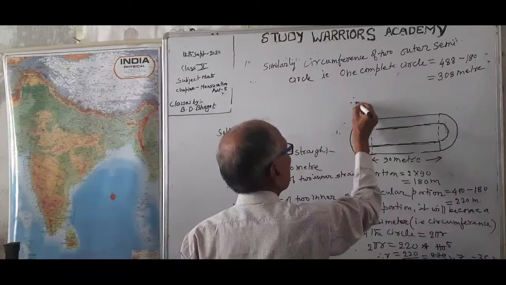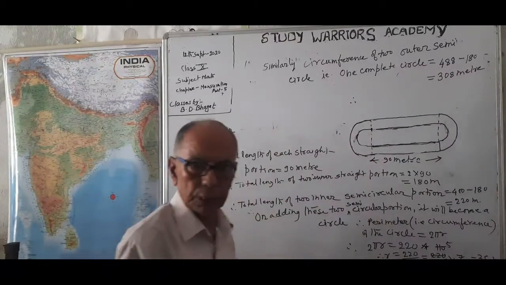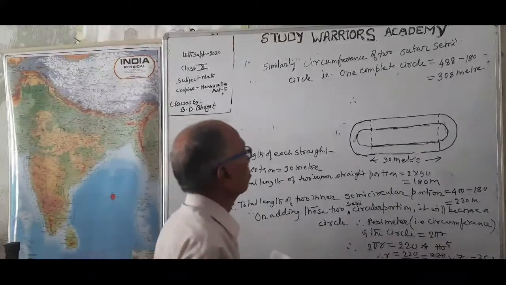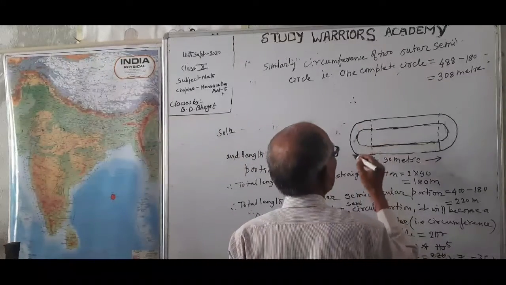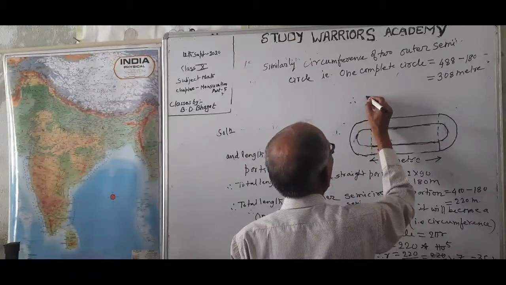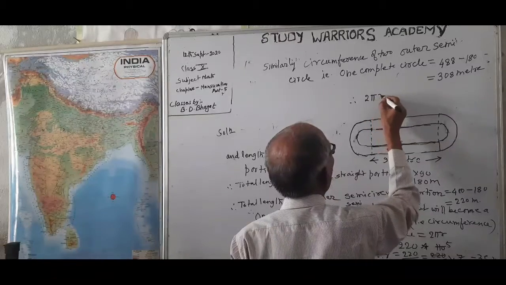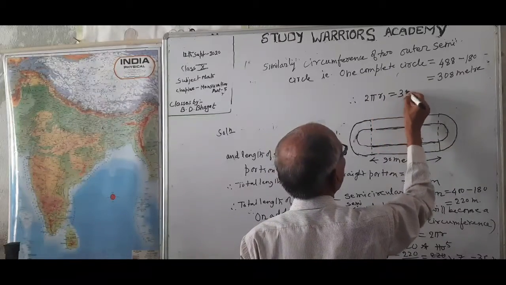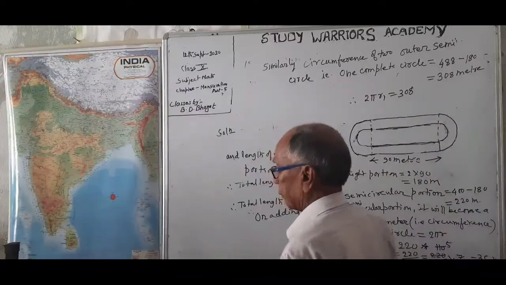Therefore, if you say the radius R1, then I write the formula 2 pi R1 is equal to 308.